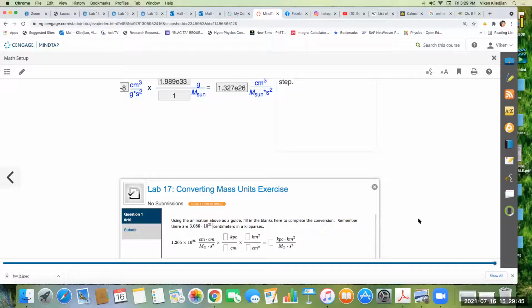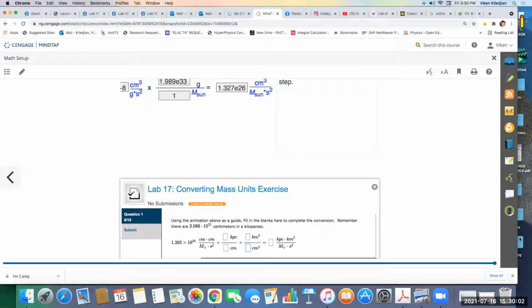Then we divide that by 10 to the 10th. It's a pretty easy conversion. Remember, 100,000 centimeters is in 1 kilometer. If you square that, you divide by 10 to the power 10.